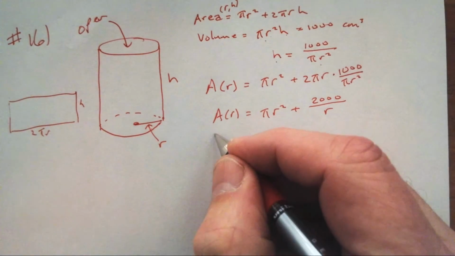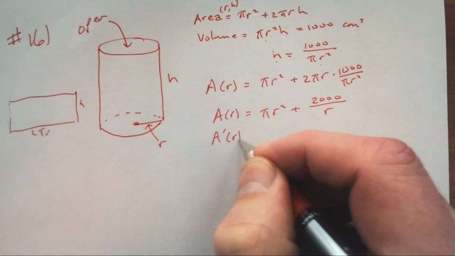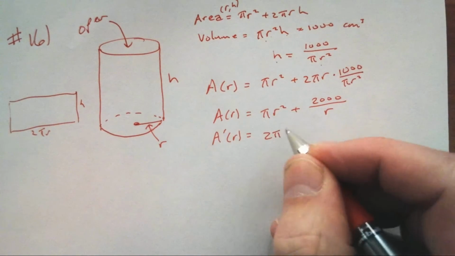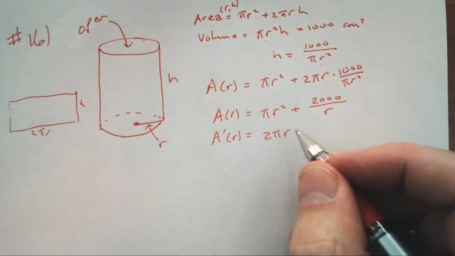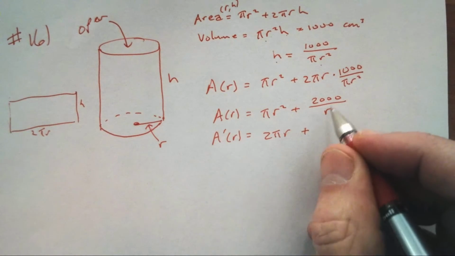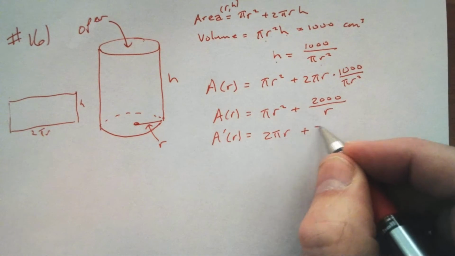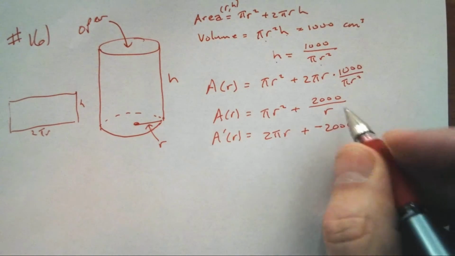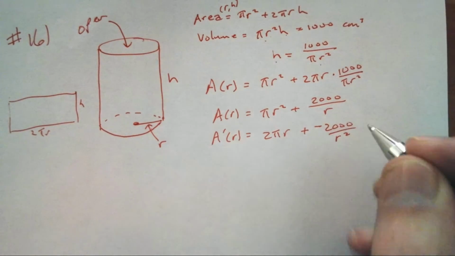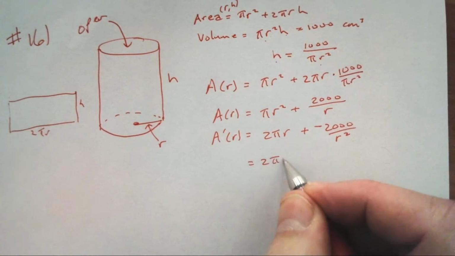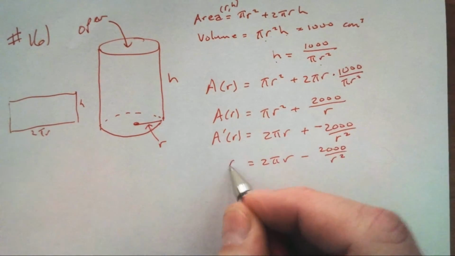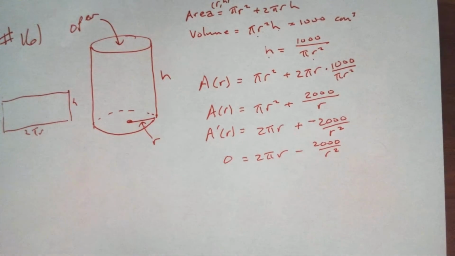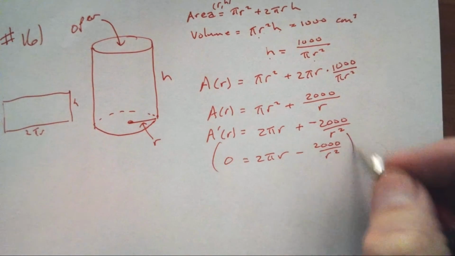Let's find our derivative. That would be 2 pi r plus, if this is r to the negative 1, that would be negative 2,000 r to the negative second, or on r squared, or we get 2 pi r minus 2,000 on r squared. We set that equal to 0. I'm going to multiply both sides by r squared.